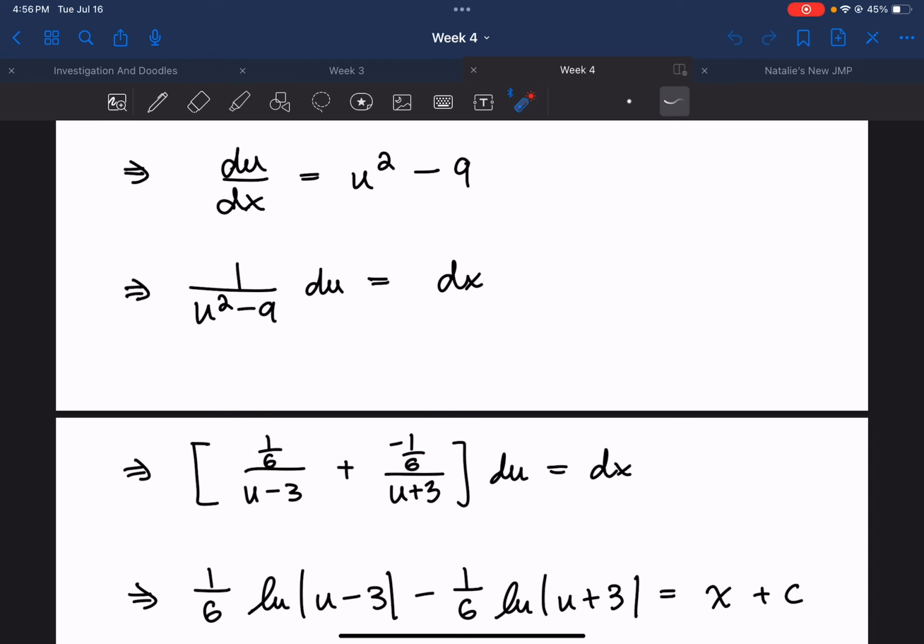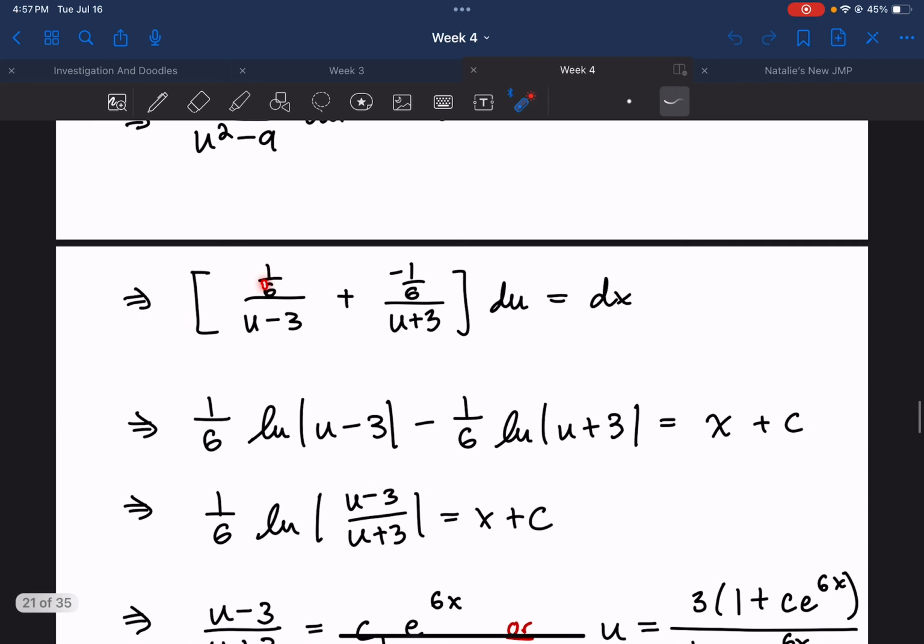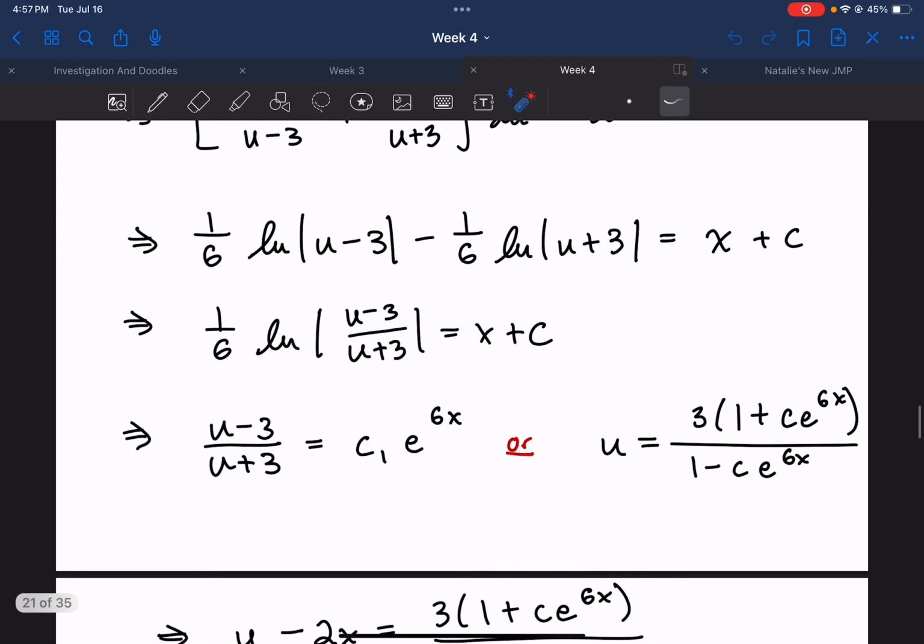And now this is easy to integrate. Integrate both sides. I get 1/6 natural log of u minus 3 minus 1/6 natural log of u plus 3. Integral over here is x plus c. And by using the powers of logarithm rules, subtraction outside the log becomes division inside the log. So I get 1/6 out front, and then natural log of u minus 3 over u plus 3 equals x plus c. And then I just need to multiply through everywhere by 6.